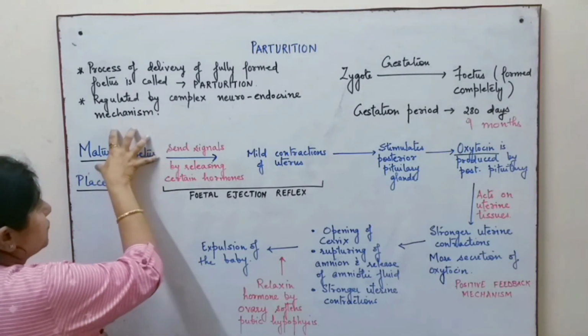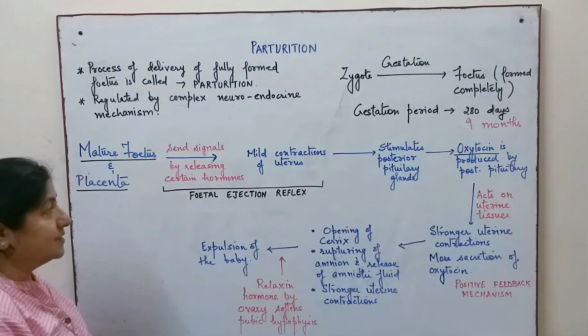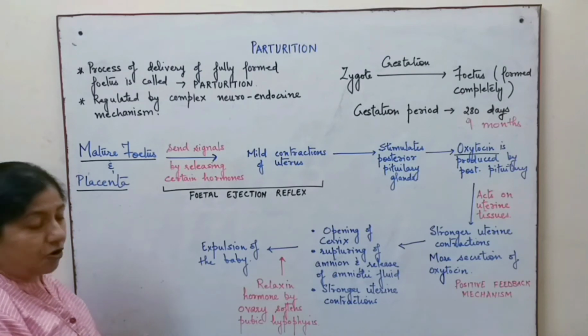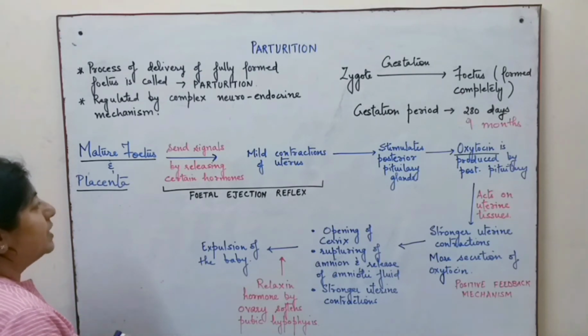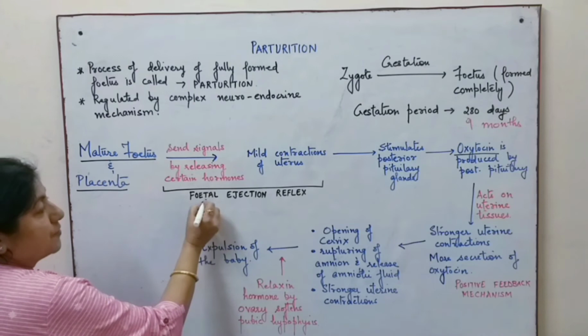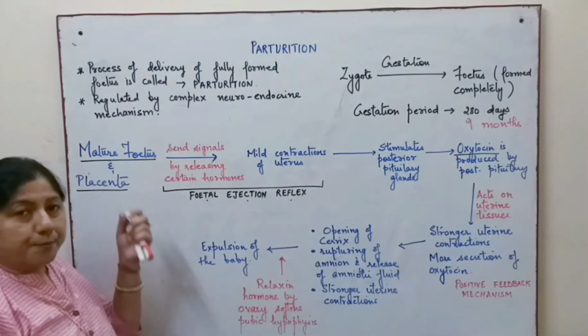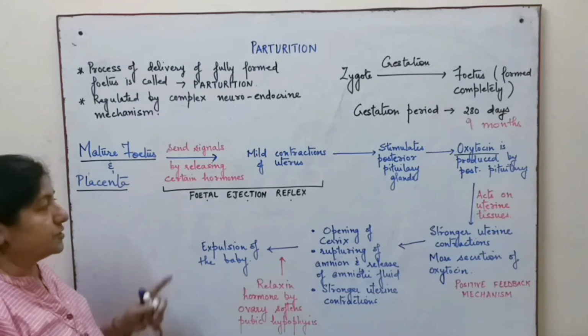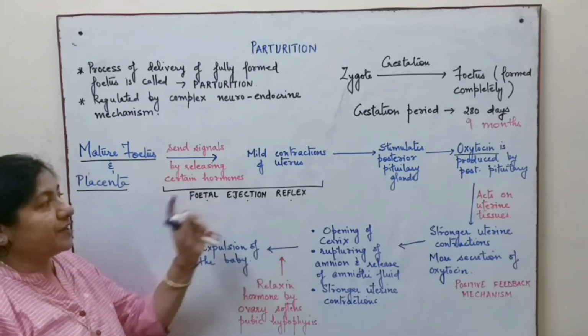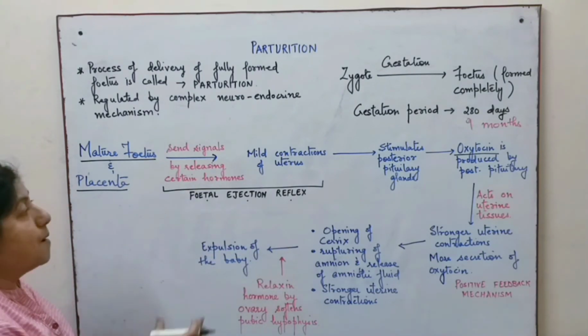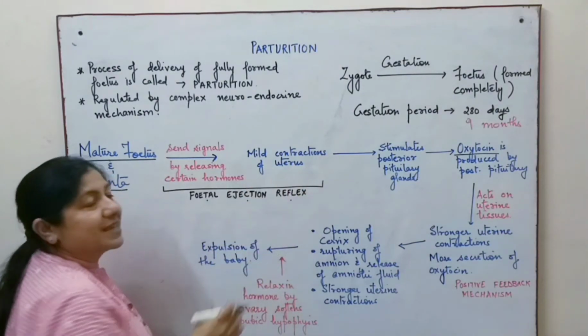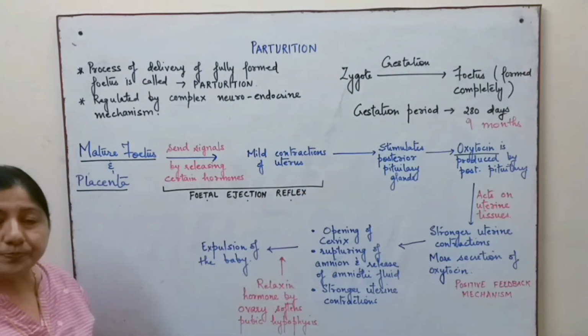The mature fetus sends signals by releasing certain hormones, and therefore it is called the fetal ejection reflex, since it is first started by the fetus. The fetal ejection reflex induces mild contractions in the uterine wall.